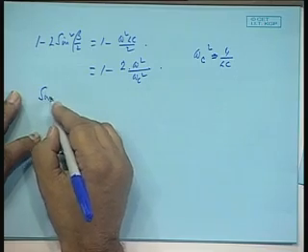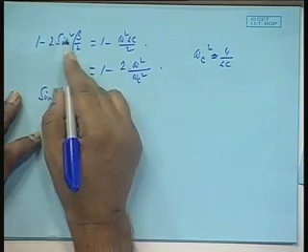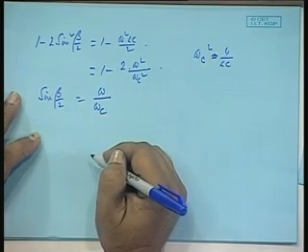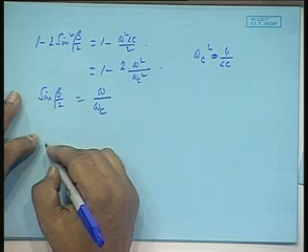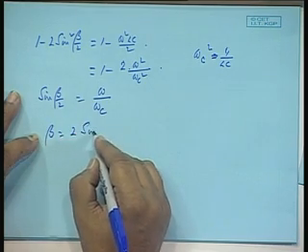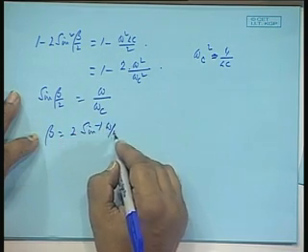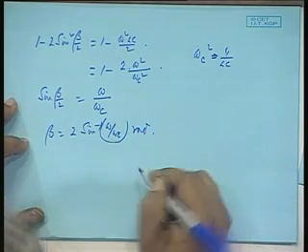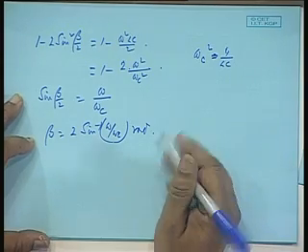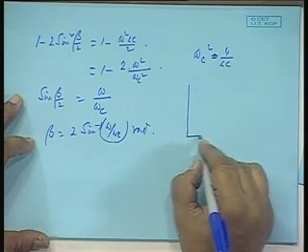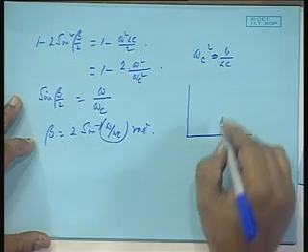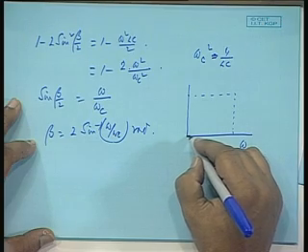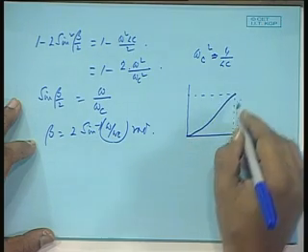So, sin beta by 2, you can equate these two, will be equal to omega by omega C. Therefore, beta equal to 2 sin inverse omega by omega C. Is it all right? So many radians. So, we may show this in the pass band: it comes from 0, it goes to pi.